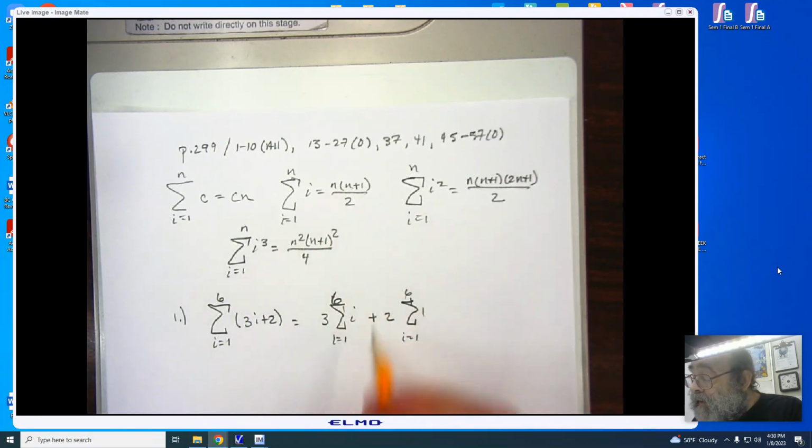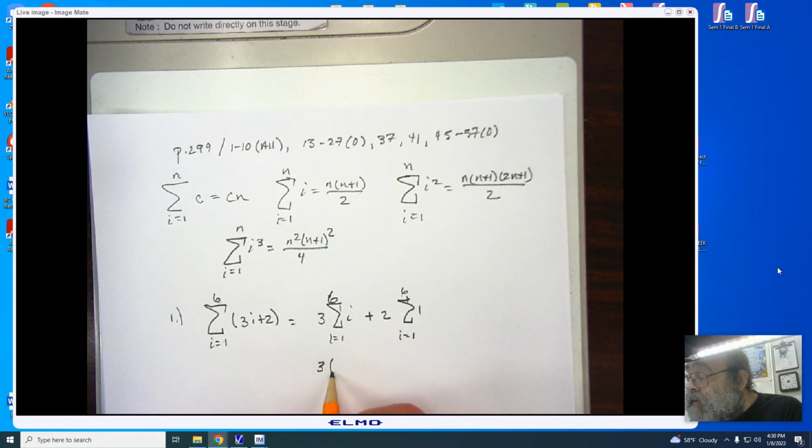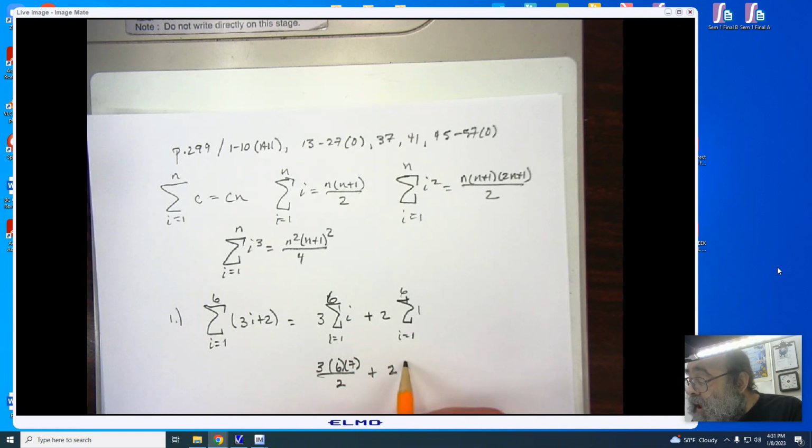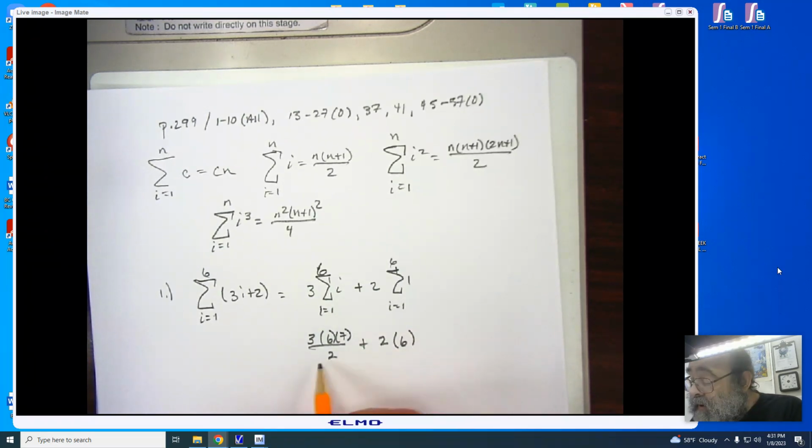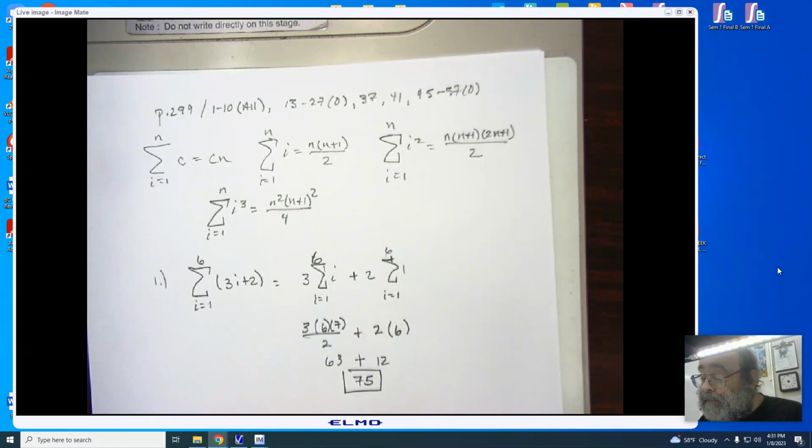According to our rules, this is going to be 3 times 6 times 7 divided by 2, and then we have 2 times 6. As we add this up, we end up getting 63 plus 12 for a total of 75, and our answer is 75.